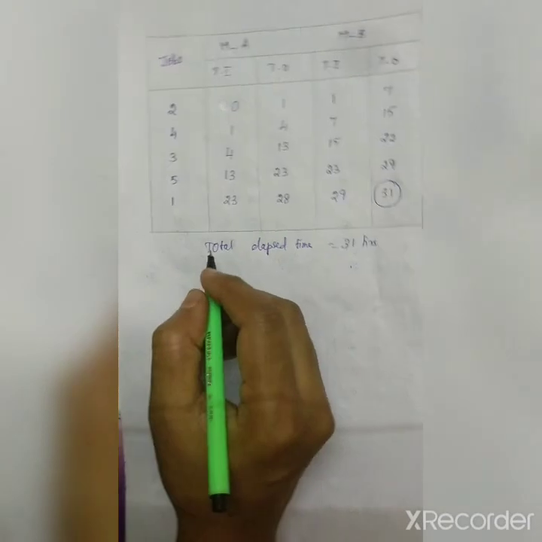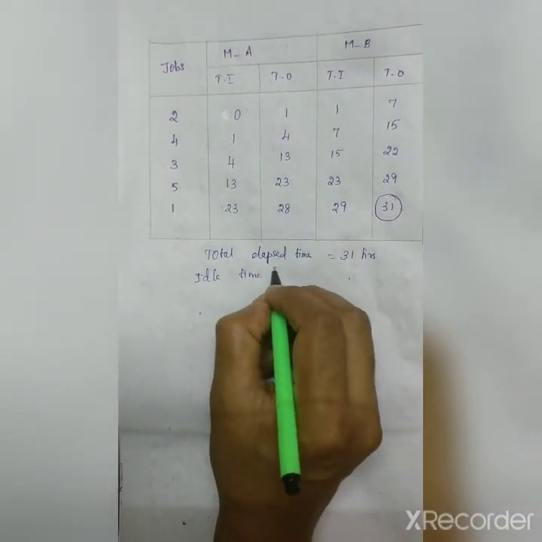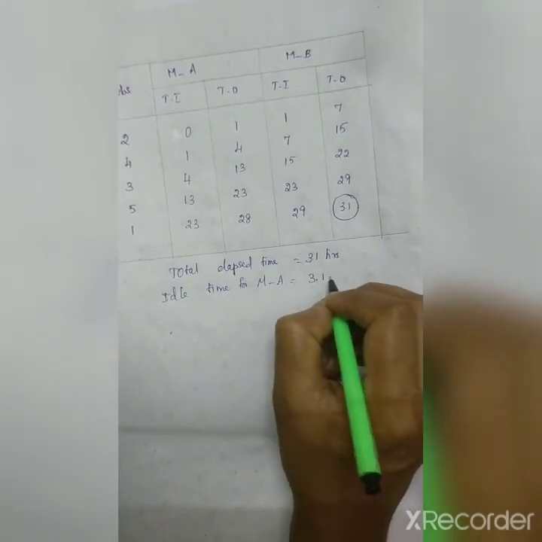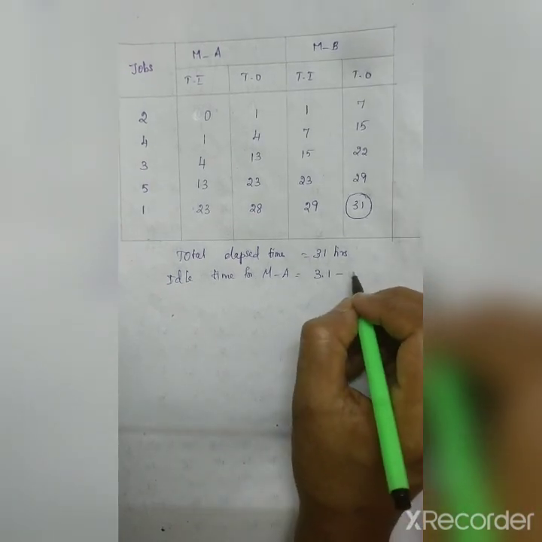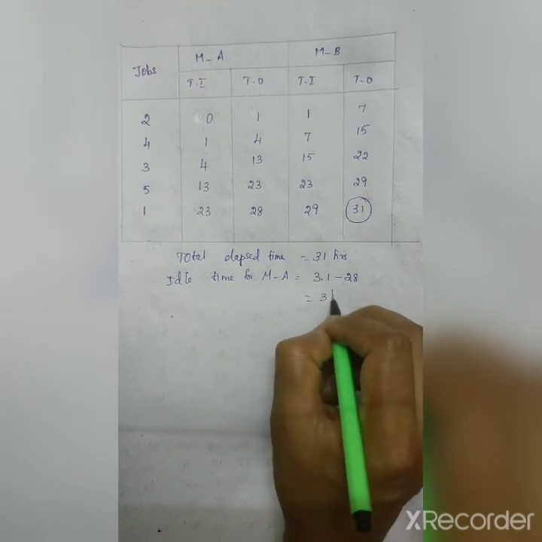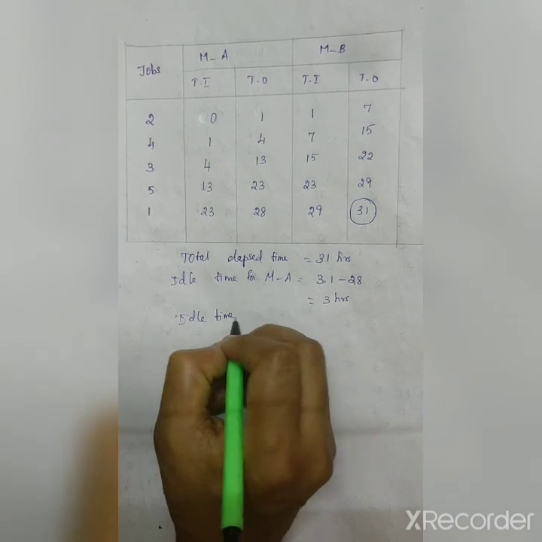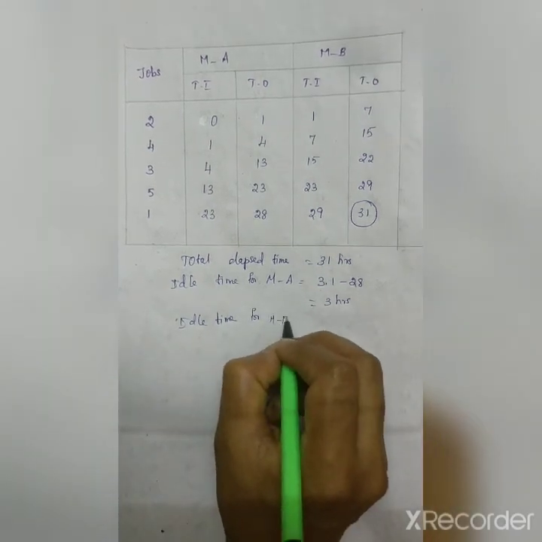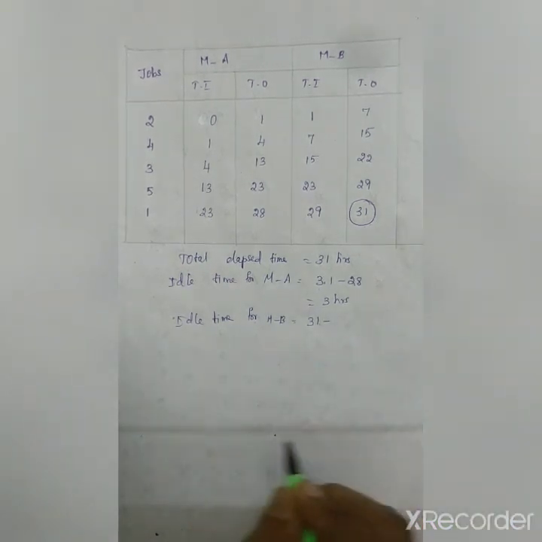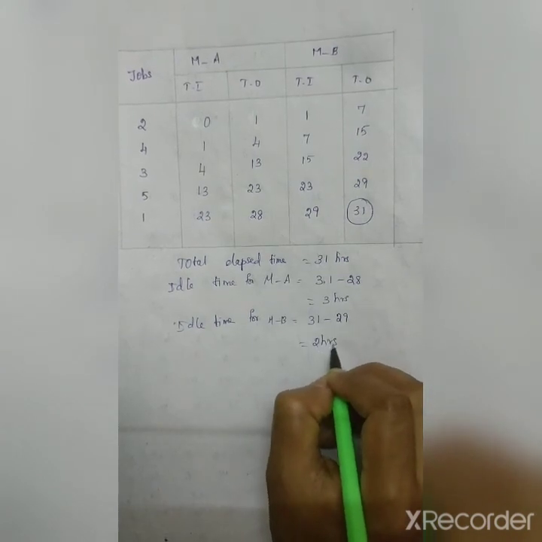Idle time for machine A is 31 minus the total processing time 28, therefore 3 hours. Similarly, idle time for machine B is the same total elapsed time minus the total processing time 29, so that is 2 hours.